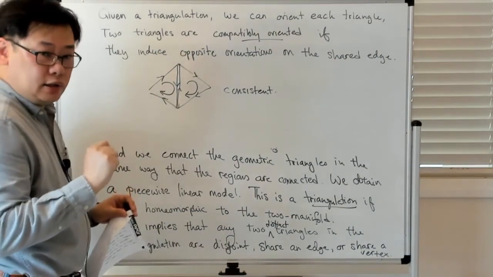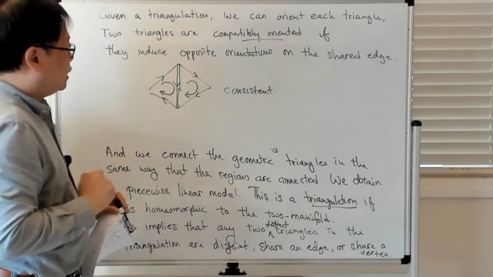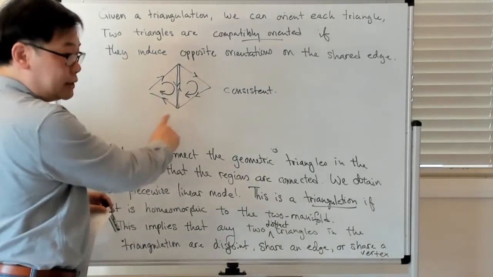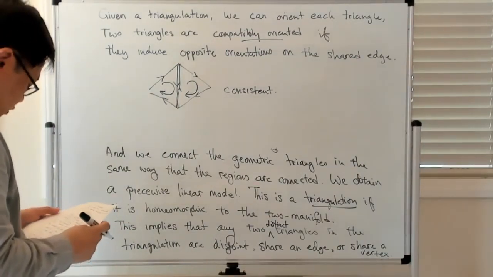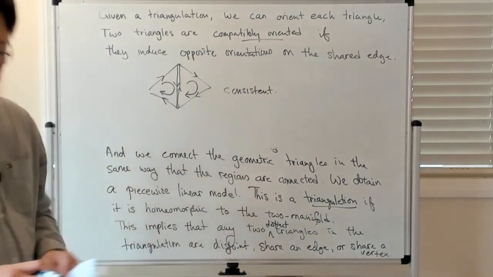Every adjacent triangle in the triangulation is always compatibly oriented in this sense. Okay, so that's the natural notion of consistent orientation. All right, so let me stop here for a minute.